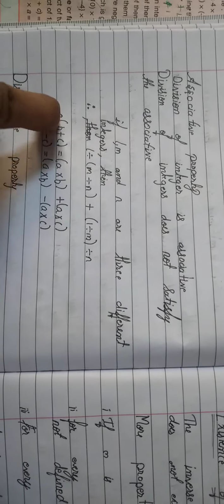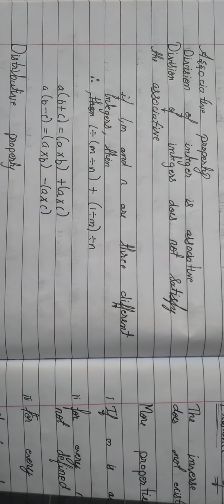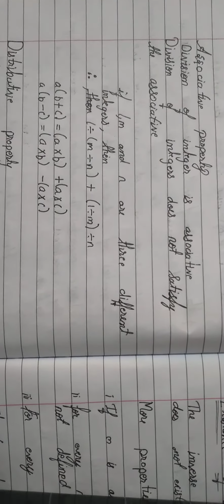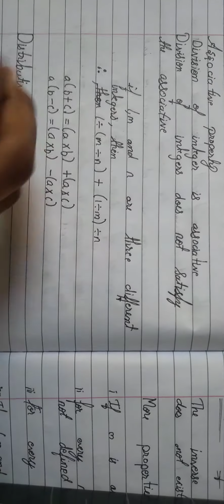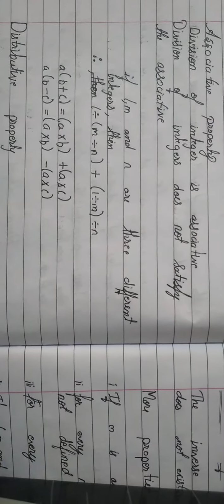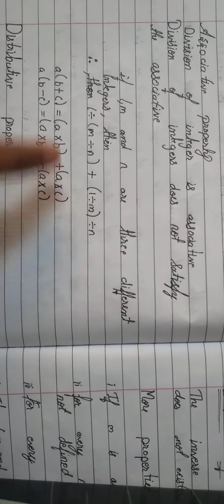What happens if there is a bracket before an integer like this? You have to remember that this is the symbol of multiplication. My dear children, please remember this: if there is a bracket like this, you have to remember it is always multiplication.